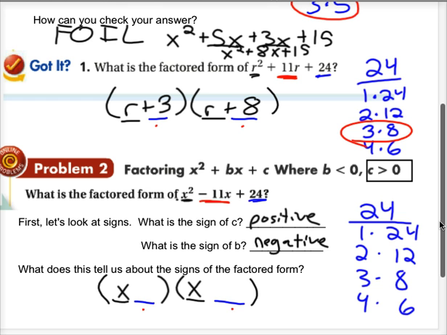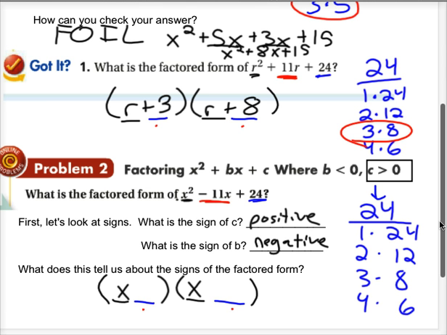This is where we need to remember something very, very critical, all right? There are two ways for things to multiply to be a positive number. So I'm going to go back to this 24 here, okay? Because the only way for numbers to add to be negative, you need at least a negative number in there.